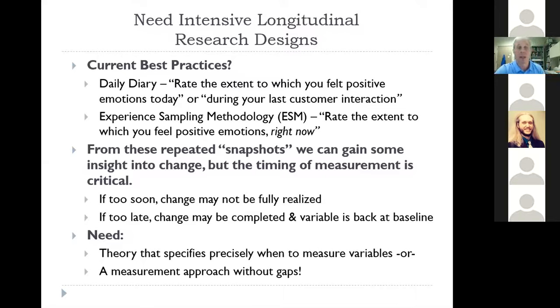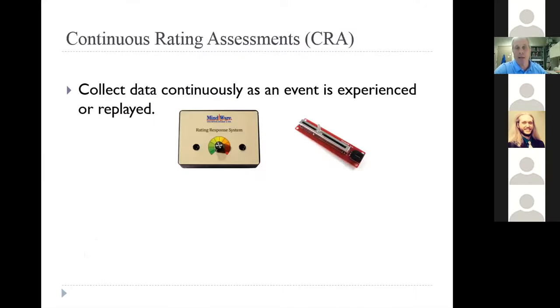And then we can analyze that to really try to understand the nature of changes. And so the technique that we've been using is something called a continuous rating assessment technique, which involves having people, either during an initial experience or a replayed experience, continuously rate some psychological phenomenon over the entire course of the episode.